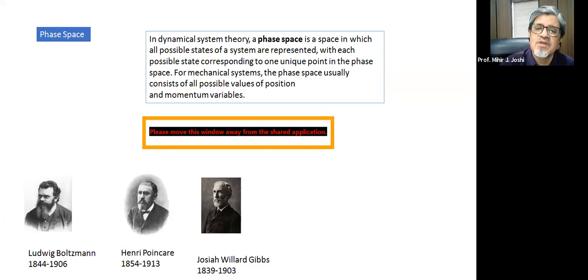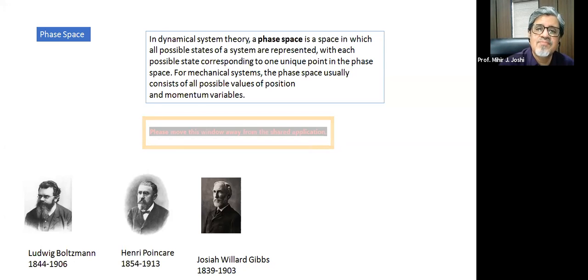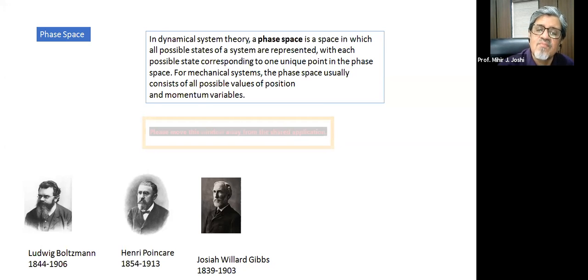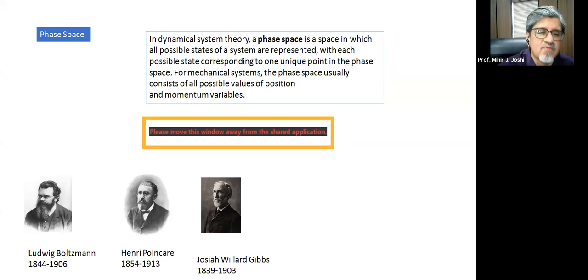So that particular point represents the possible values of position and momentum. And a large number of points describe the large number of positions of different particles and different momentum values. So phase space is a concept which was developed by Ludwig Boltzmann, Henri Poincaré, and Josiah Willard Gibbs.